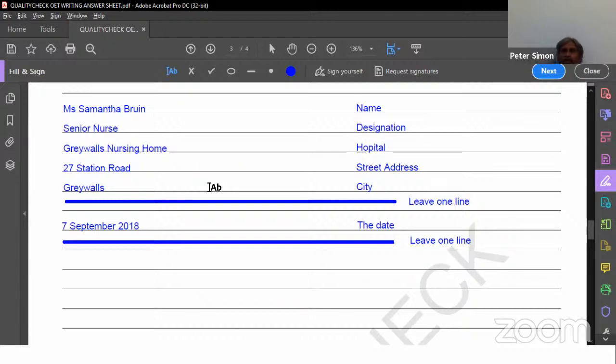In all the OET letters, nurses, there are 5 letters. In all the letters, the address first and the date next. So follow the same pattern. That will definitely guide you. Don't listen to anybody. If somebody says okay, you also say okay and keep quiet.